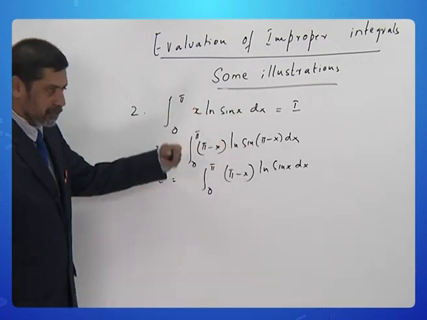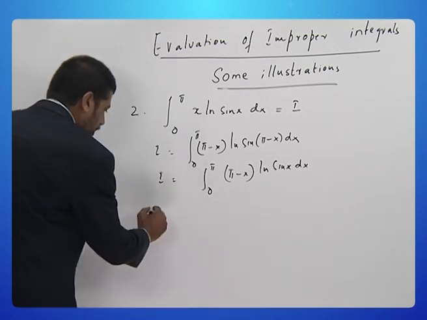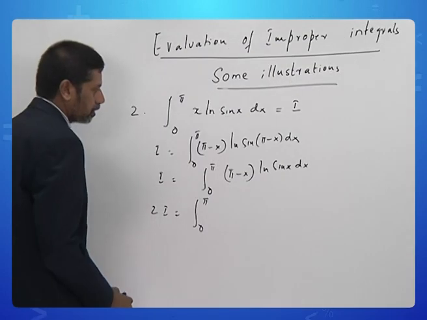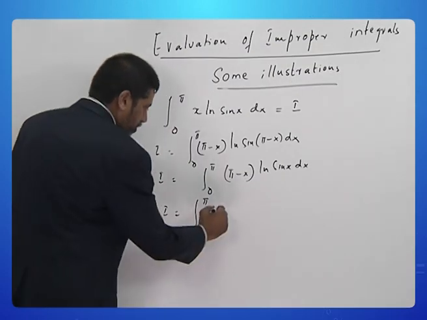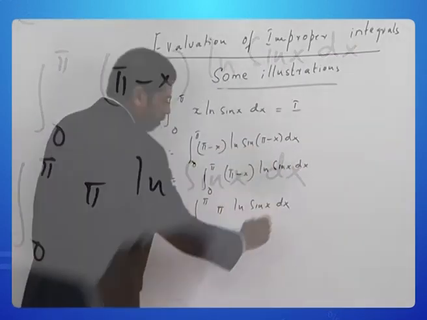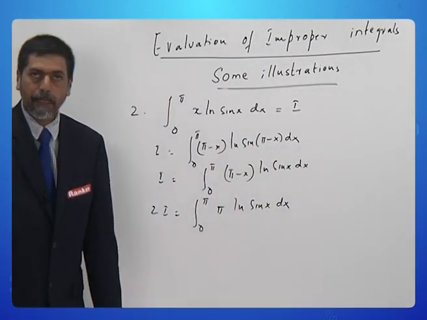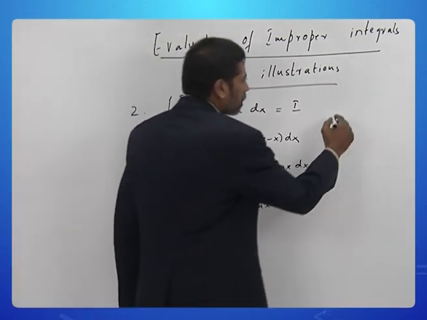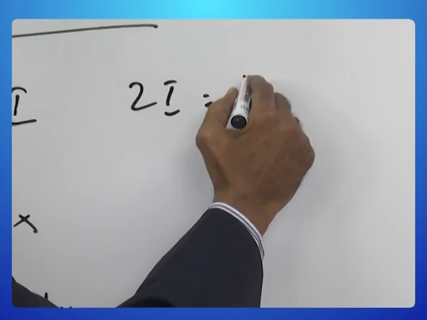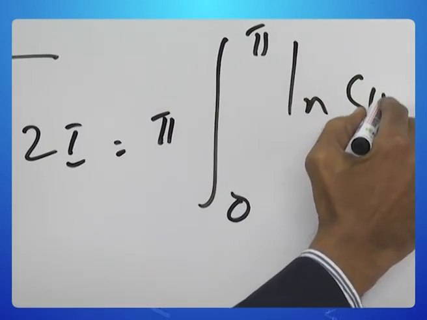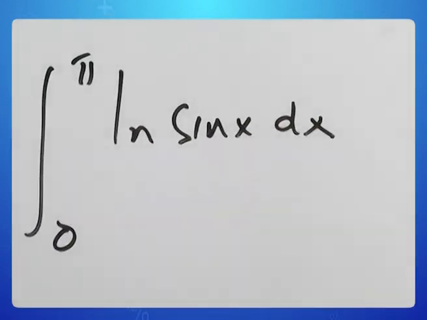As usual, we'll take the sum of these two and you will get, after cancellation, pi log sin x dx. Pi being a constant can be taken out and you'll have 2I is equal to pi times integral 0 to pi log sin x dx.